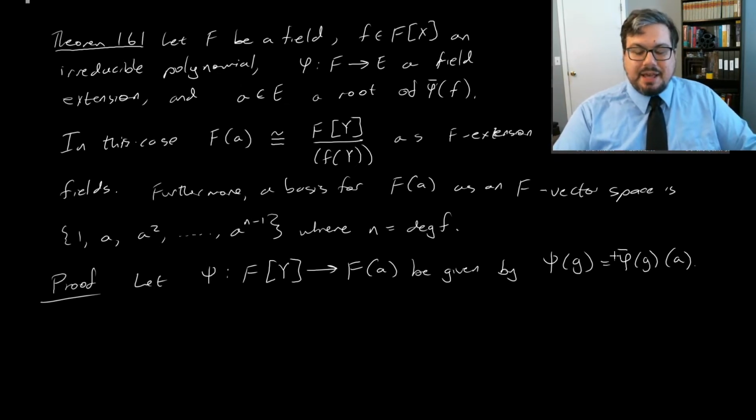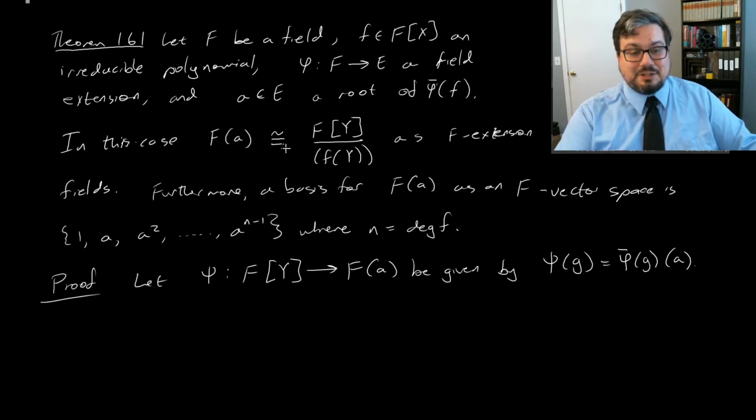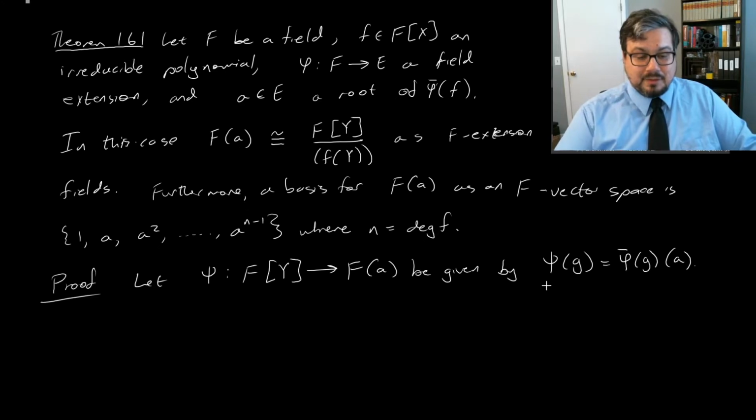So this function takes a polynomial over F with variable y. It moves it to E adjoin y by replacing each coefficient with its image under phi, and then replaces all the y's with the element a.